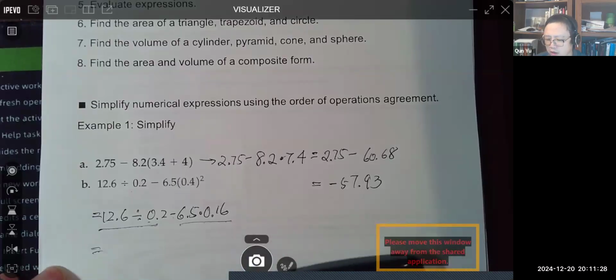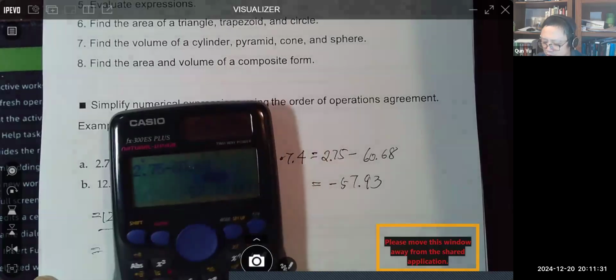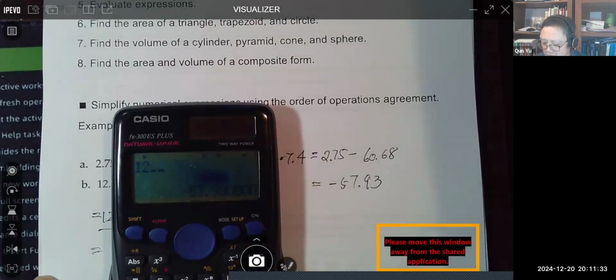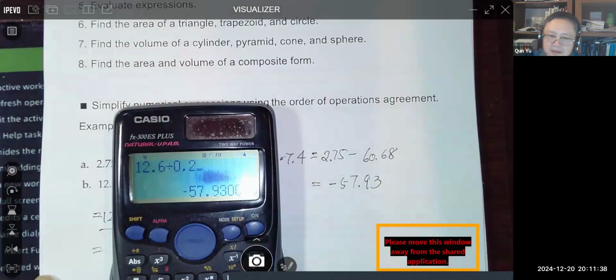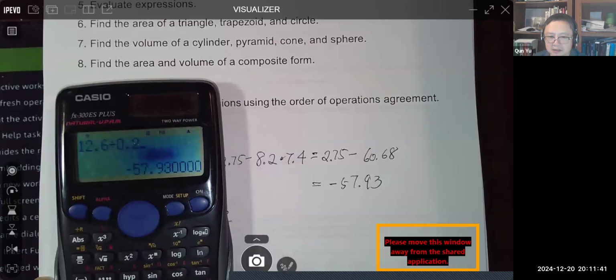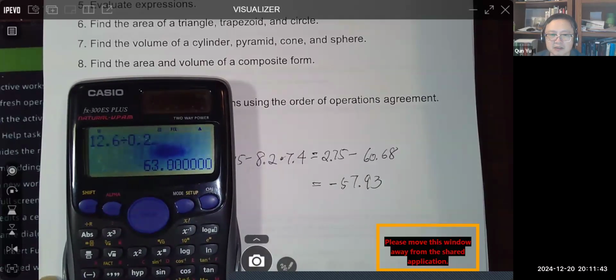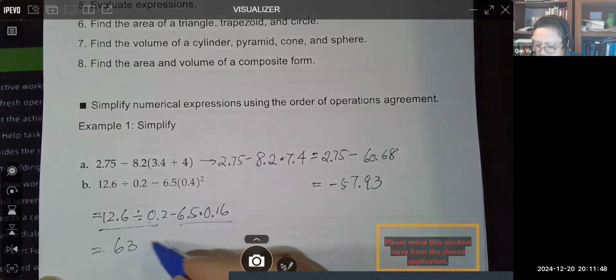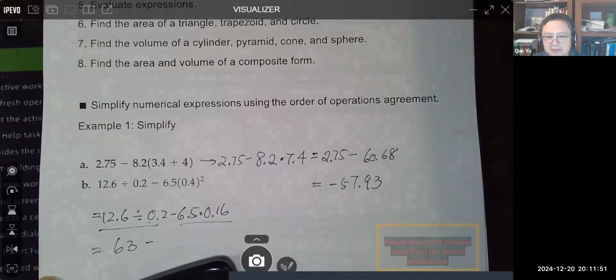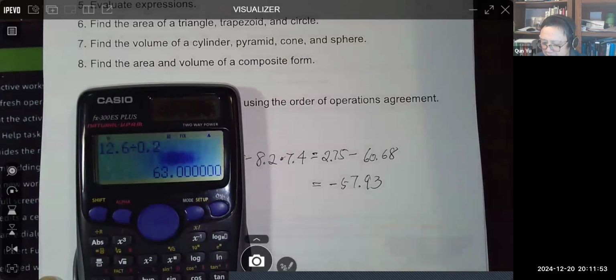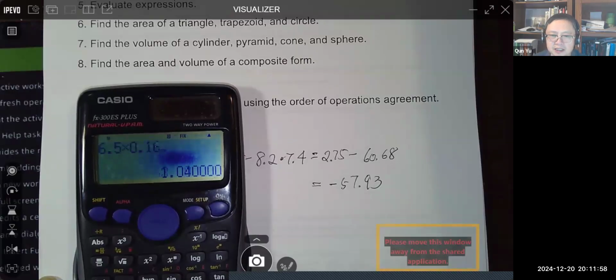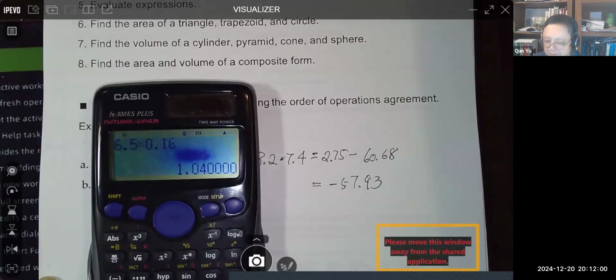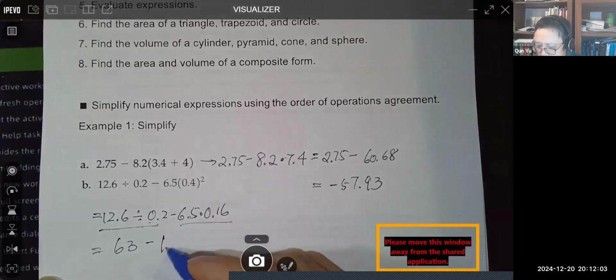So let's do 12.6 divided by 0.2. Equals, we get 63 exactly. So 63 minus 6.5 times 0.16. We get 1.04.